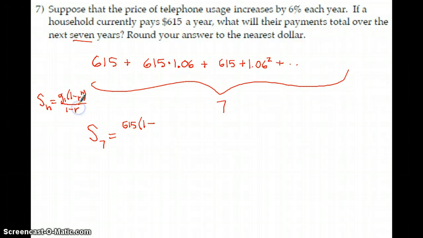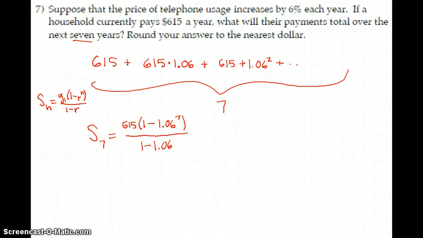Okay. So there we go. G sub 1 is 615 times 1 minus r to the n over 1 minus r. Oh yeah, r here is 1.06. Now remember, this is going to be a negative number down here at the bottom. That's okay.